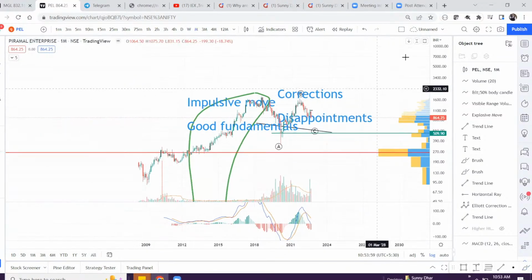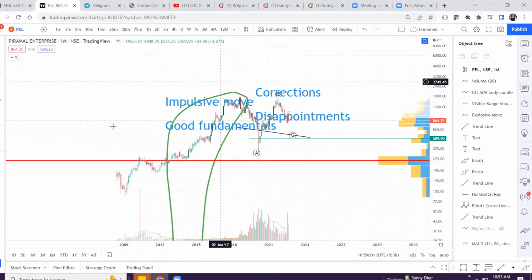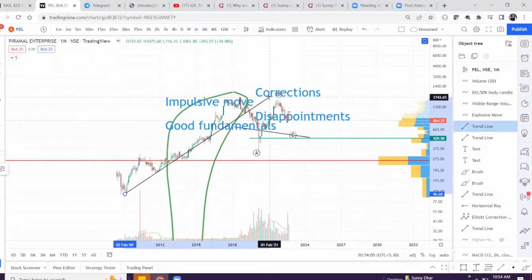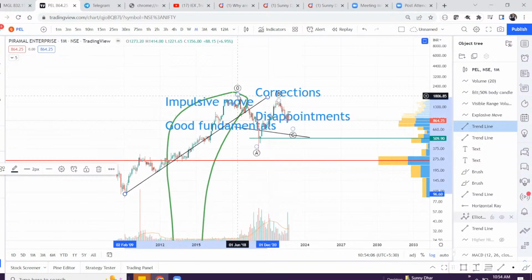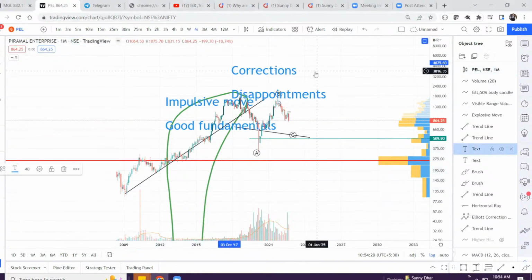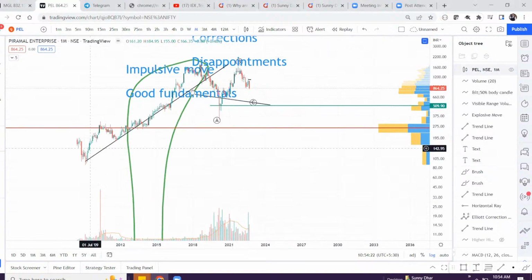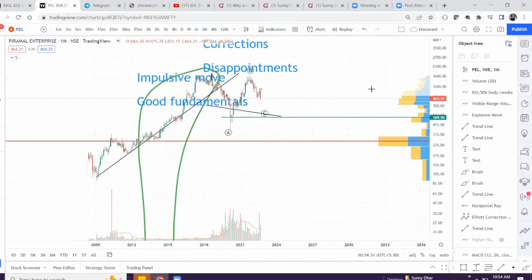The stock was in an impulsive move from 2009 to 2018. And this is how fundamental analysis comes into the picture when we're using Elliott.